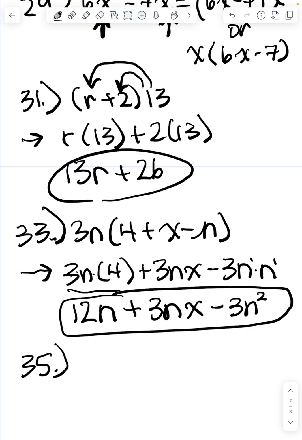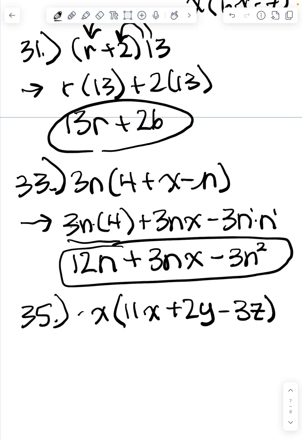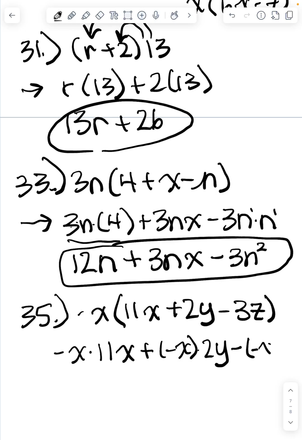35 is negative x times the quantity 11x plus 2y minus 3z. So again, I'm going to write out negative x times 11x plus negative x times 2y minus negative x times 3z.